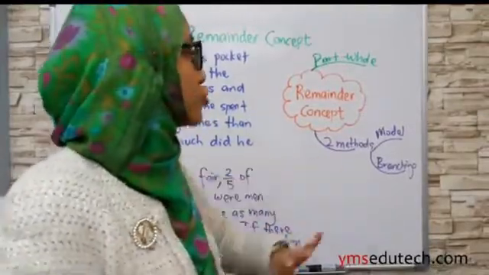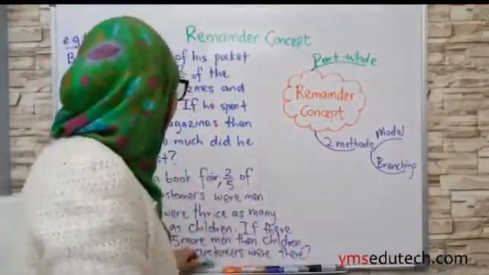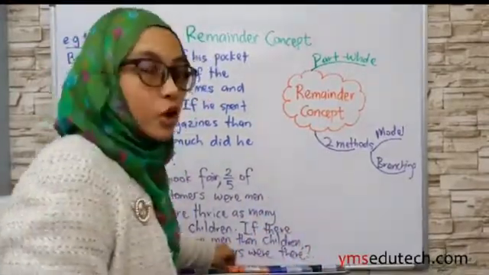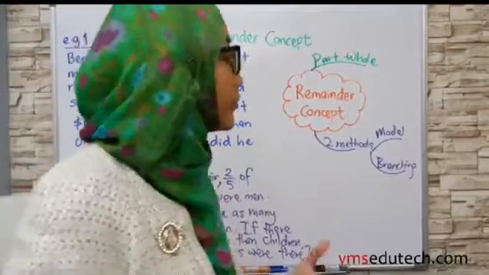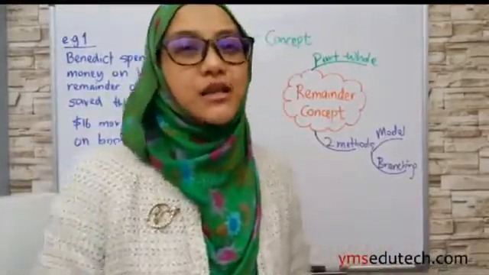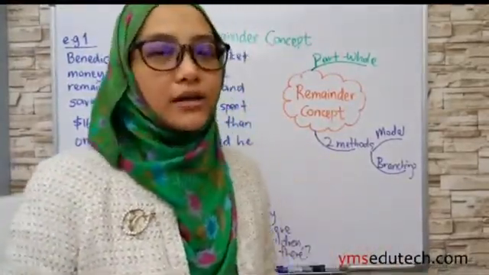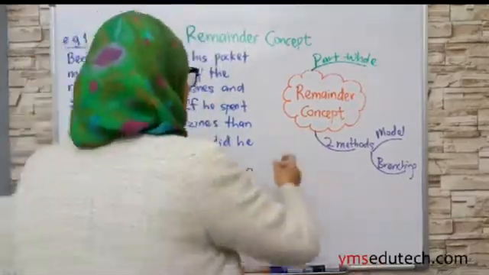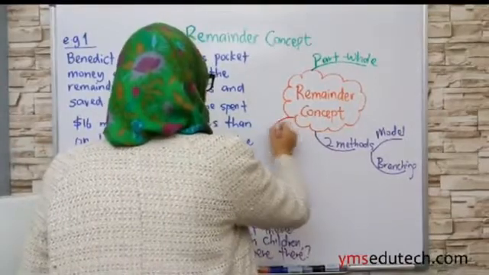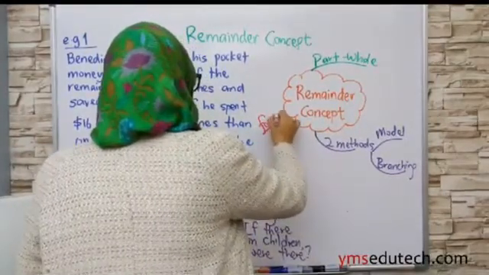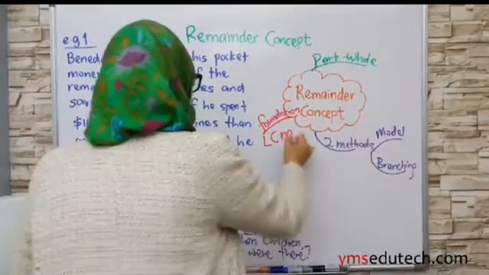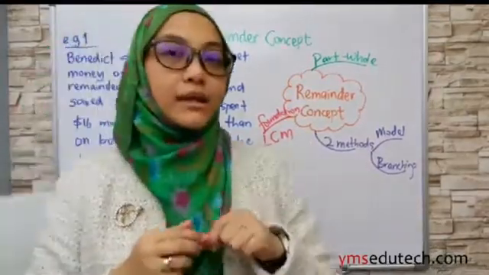Okay, so it's good to have more than one technique or more tools when sitting for exam. Those are the two methods: model drawing and branching, and the basis of remainder concept is lowest common multiple. So in solving remainder concept questions, students need to identify the lowest common multiple of numbers. The foundation of it is the lowest common multiple, or first common multiple.